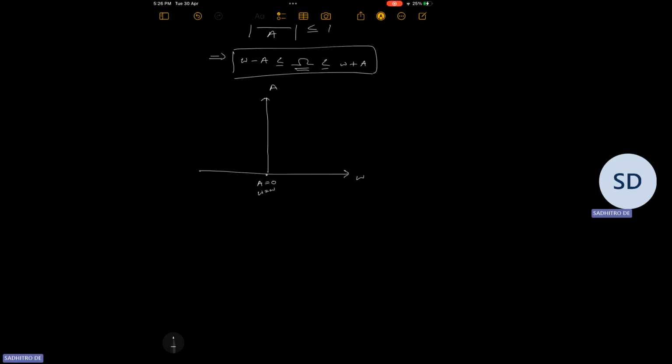Now, if you increase the value of A, you see that you get these two lines like this. This is the omega minus A line, and this is the omega plus A line.